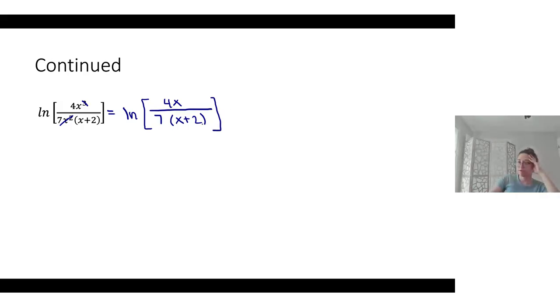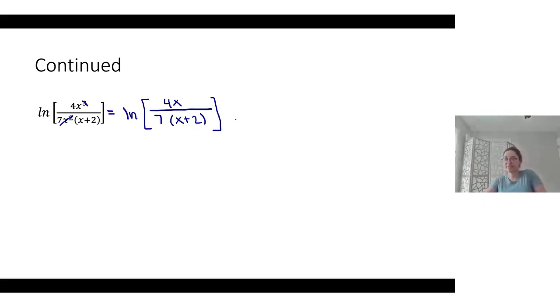So that got rid of all my exponents. I don't have to worry about, at the end, writing my exponents as factors. This time I have quite a few expressions. This is 4 times x divided by 7 times x plus 2.